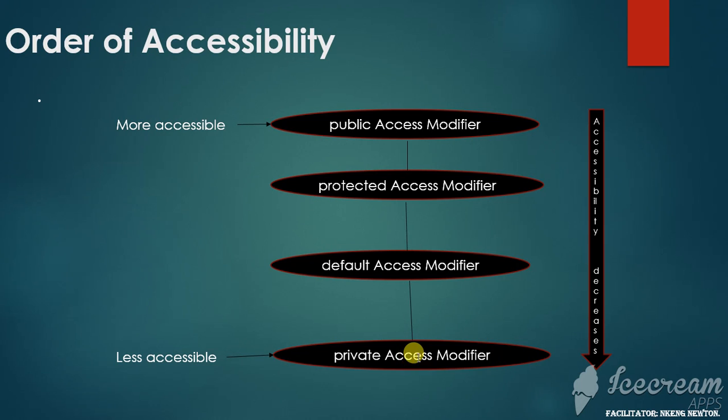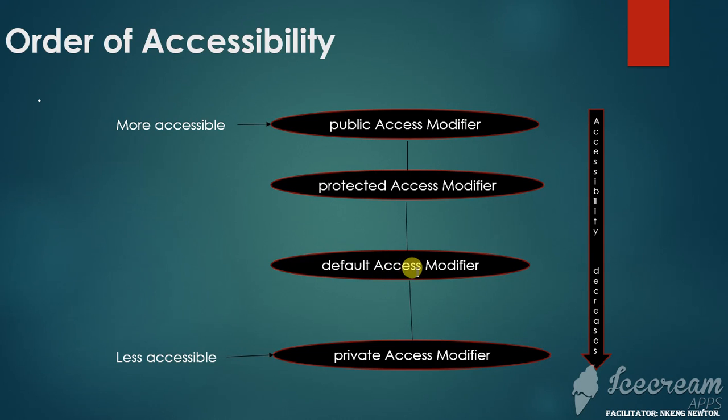So private is also known as the most restricted access modifier. After private, you have the default access modifier, which is assumed, and this one has the second level of restriction. Why? Because it restricts that member to be accessed only within the same package.